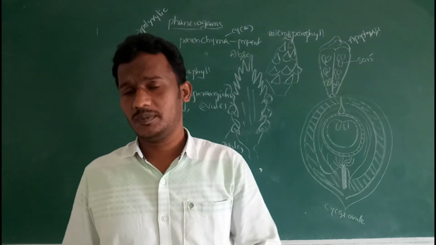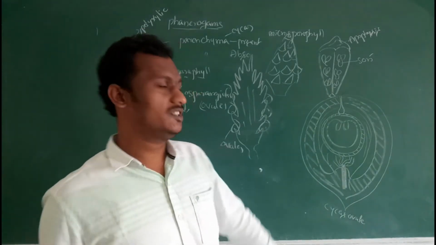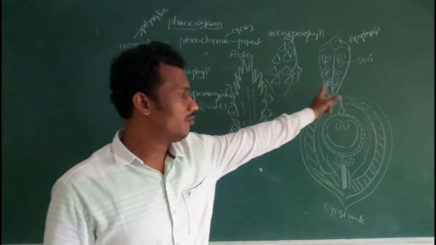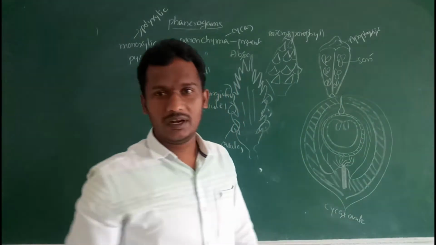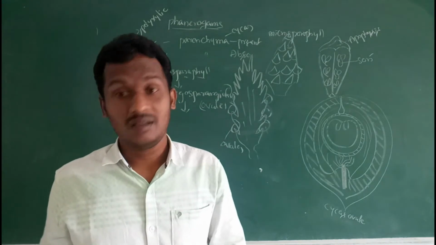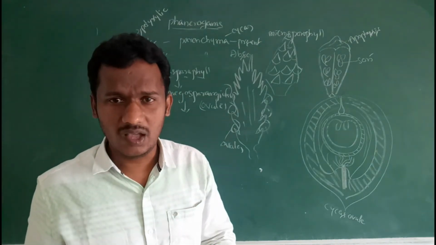In some other gymnospermic plants it may be bitegmic or tritegmic. Basically gymnospermic plants are unitegmic. The ovule is surrounded by the ovular wall layer known as the integument, but the ovary wall is absent. That means the ovary is absent.